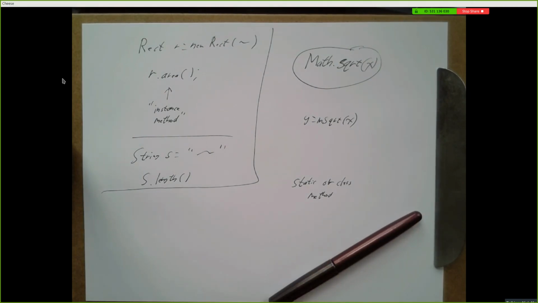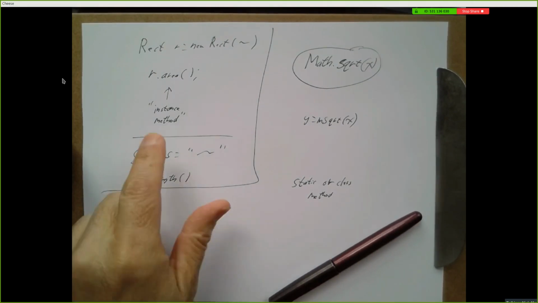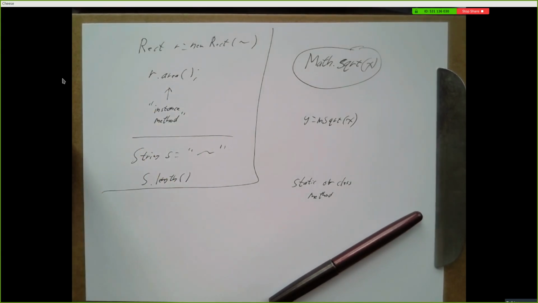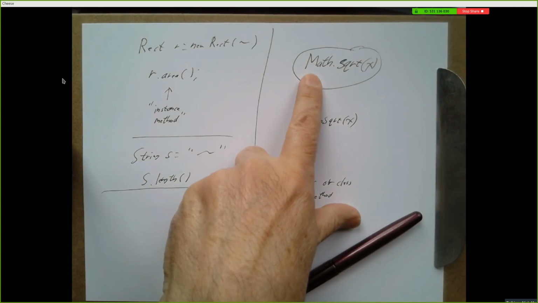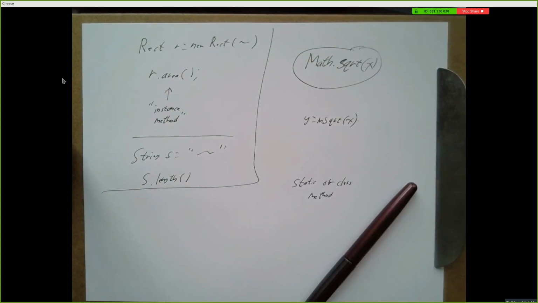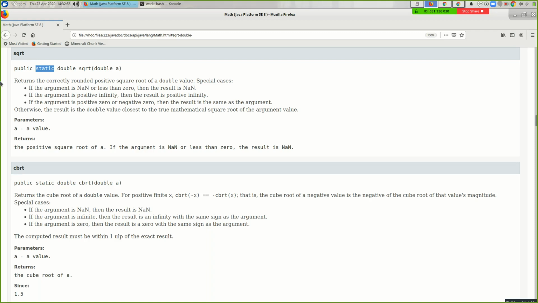Okay, so every time that we've talked about methods so far, it's always been an object dot a method. With a static or a class method, it's actually the name of a class dot a method. And this works precisely in those cases where we're told that the method is a static. So if we want to find the cube root of a number, we could say uppercase math dot cbrt, and that gives us the cube root.